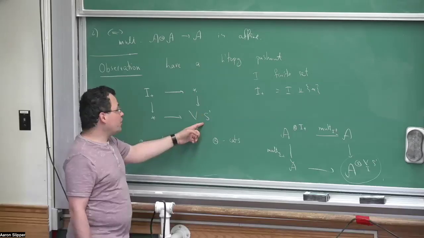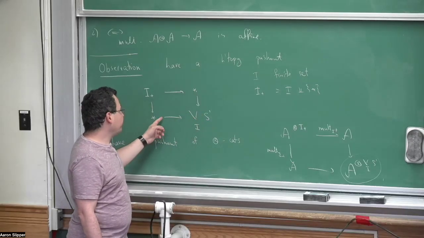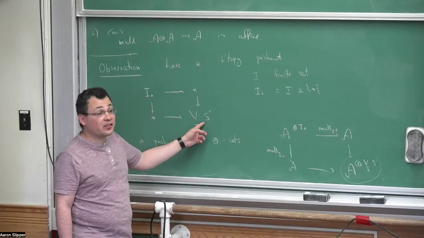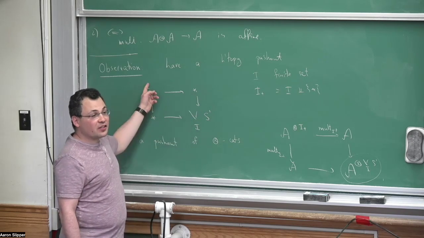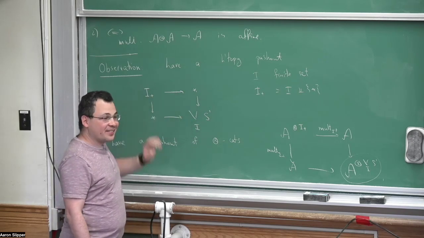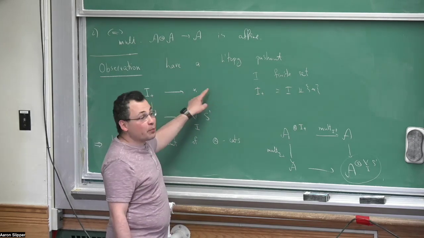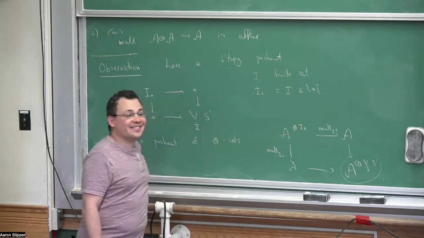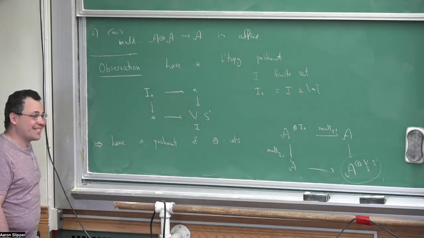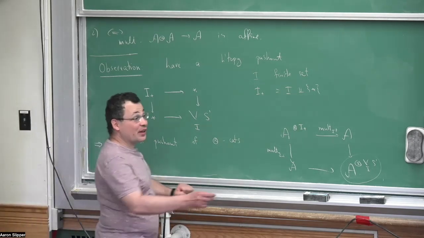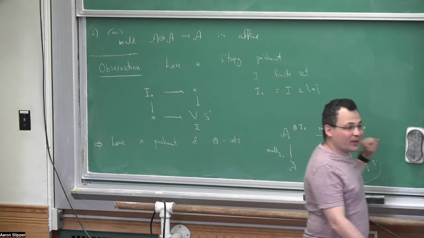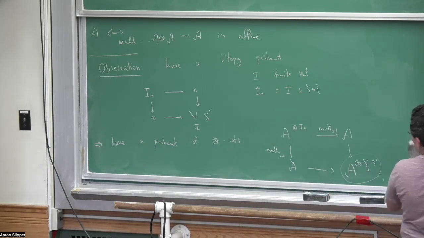Because this is also a pushout in pointed spaces, and there it's a wedge of things, and a wedge of points is just a point. So it is a formal consequence of the case when I is a one element set.